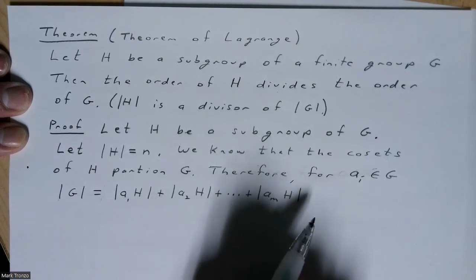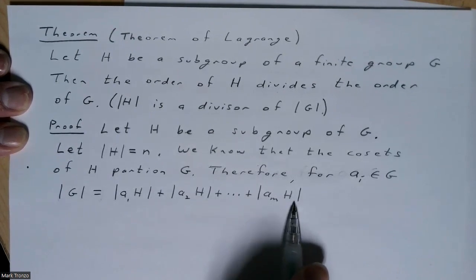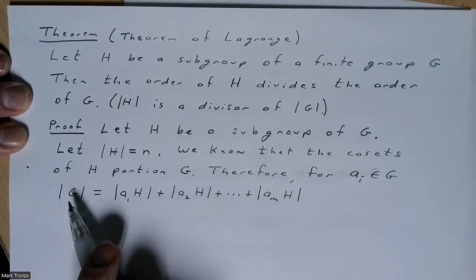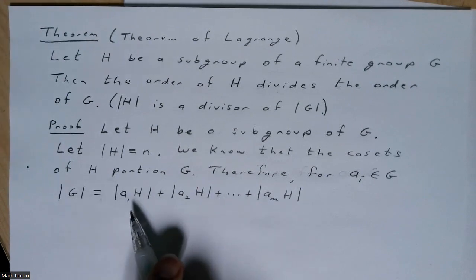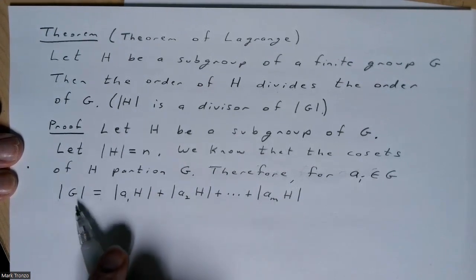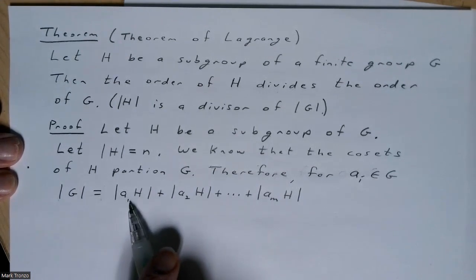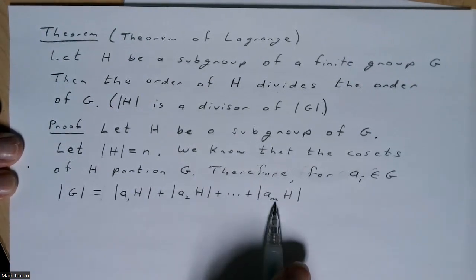Because remember, we could have some repeats. So these are just the cosets that don't repeat. We know that they partition G. So that means if we add up the numbers in each of the cosets, we would get G. And let's say we have a total of M cosets.